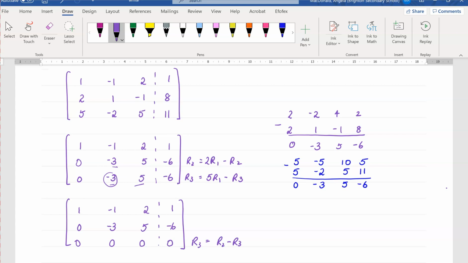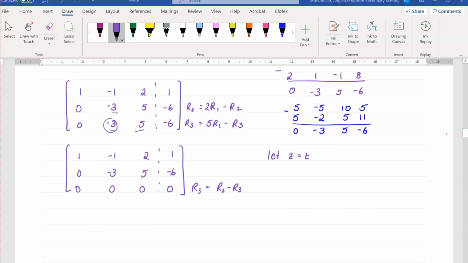So this is a situation where we now have infinitely many solutions. Okay, and we have to say, right, we will let z equal t. That's the best bit. Now we have to find y. So we're looking at our second equation here. So it's negative 3y.